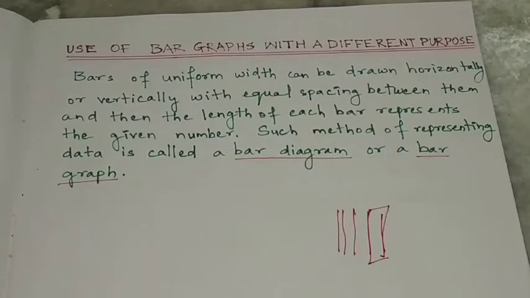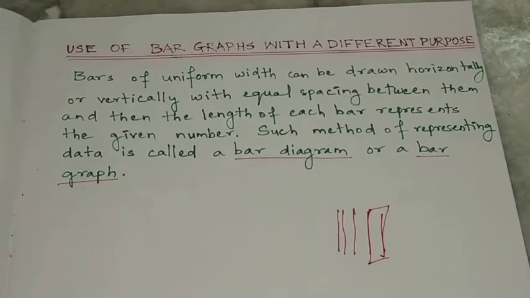What is written, you are seeing on the screen. Bars of uniform width can be drawn horizontally or vertically with equal spacing between them, and the length of each bar represents the given number. Such a method of representing data is called a bar diagram or a bar graph.